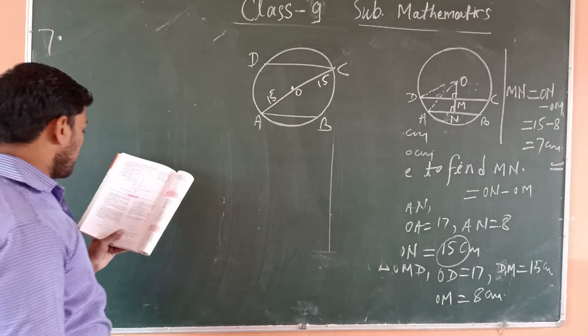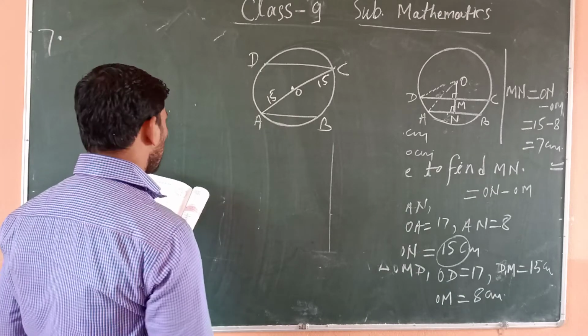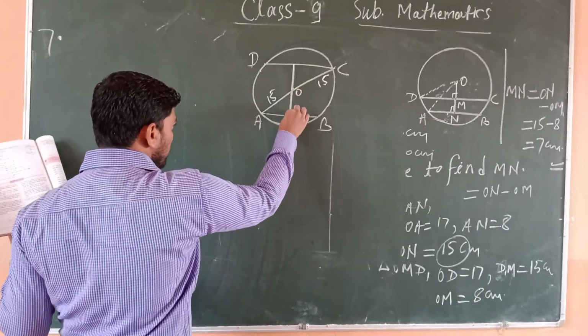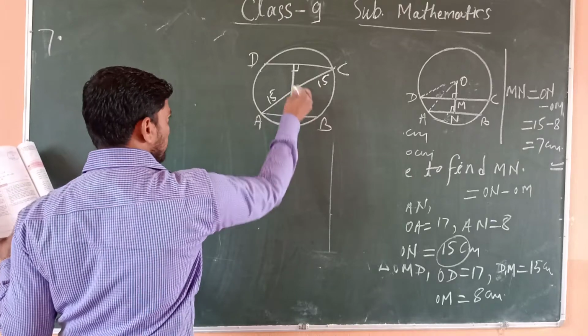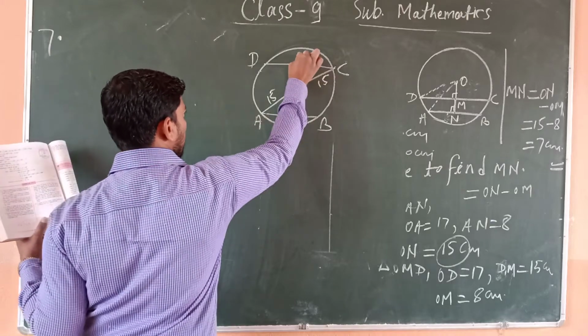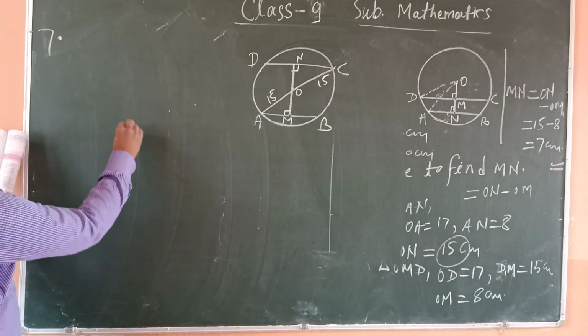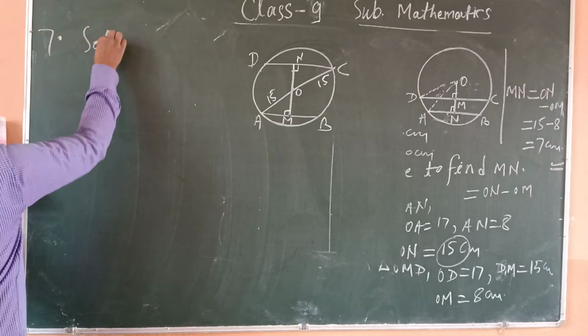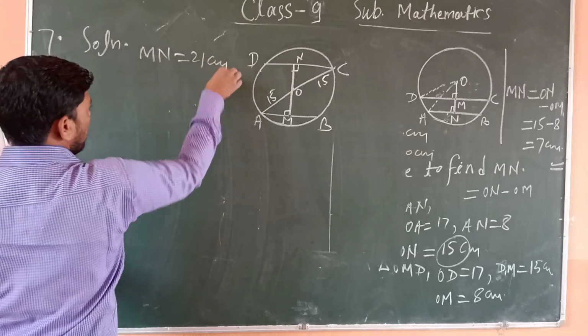Radius is half of diameter. The distance between the two chords: suppose there is M and there is N. MN is equal to 21 centimeter.